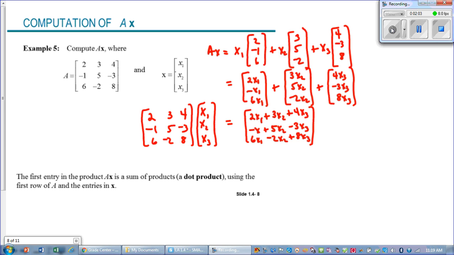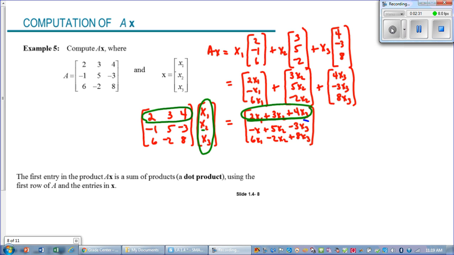If you notice, the first entry in the product over here was just taking the entries of the row multiplied by the entries in this vector x, and then adding them together. So we just did 2 times x1 plus 3 times x2 plus 4 times x3. That gave us the entry in that product.